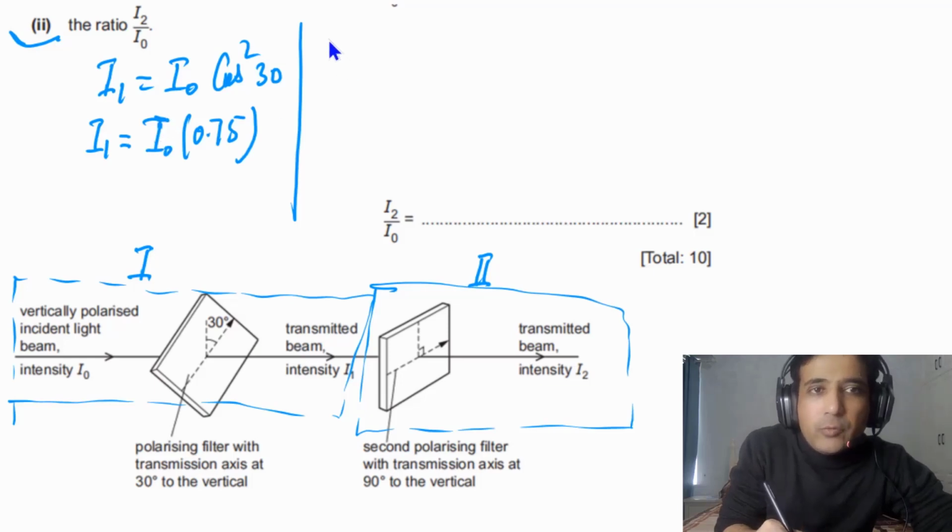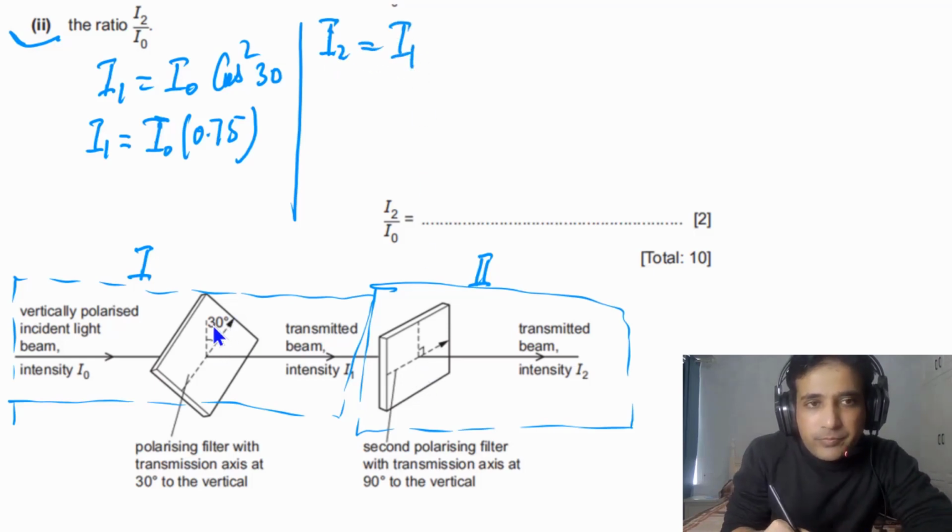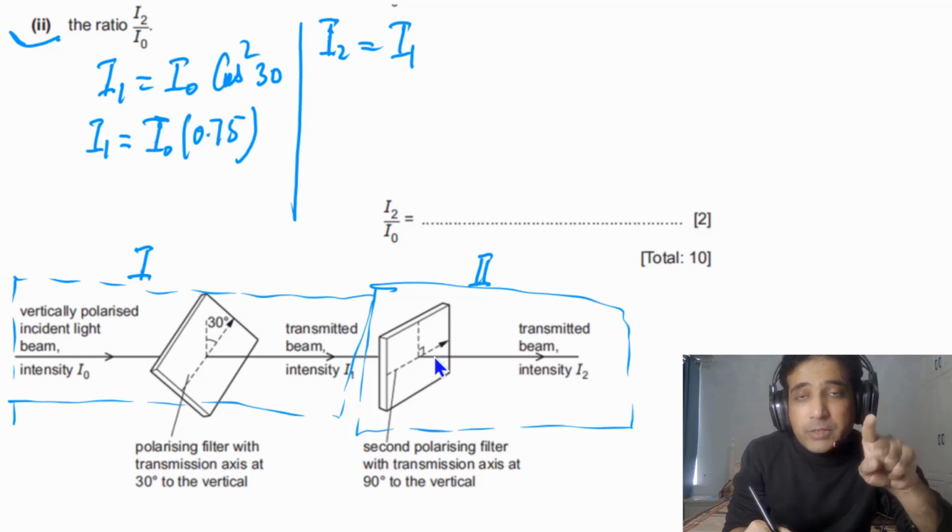Now we can go to the second part. In this case our incident is I1 and transmitted is I2, so we can again use Malus's law. I2 will be equal to I1 times cosine squared of the angle. The angle of this transmission axis with vertical is 30 degrees and the angle of the other with vertical is 90.